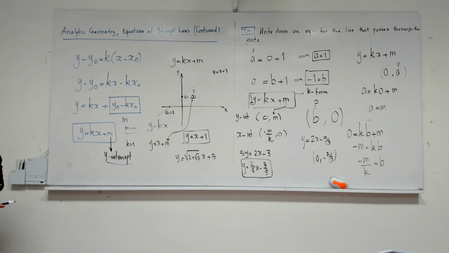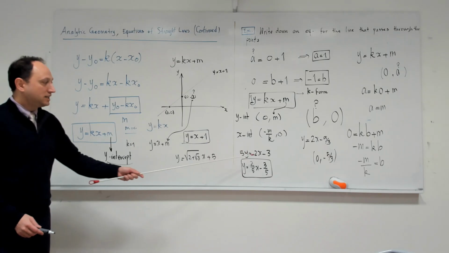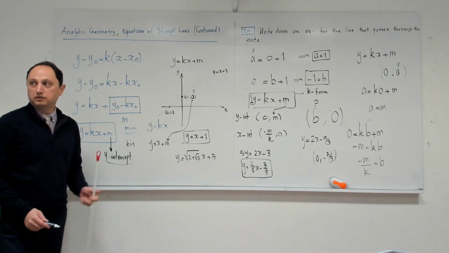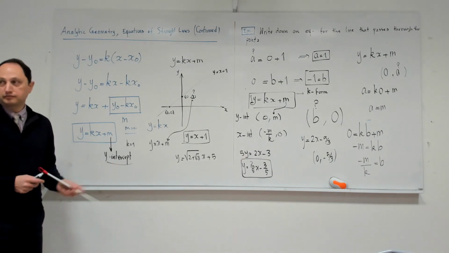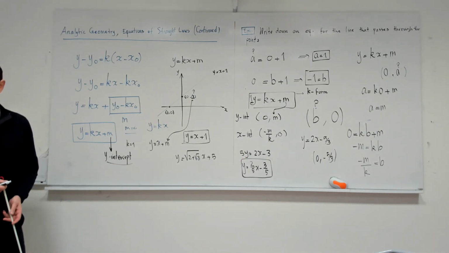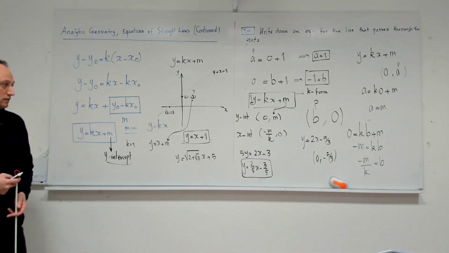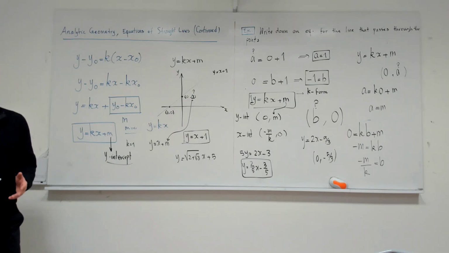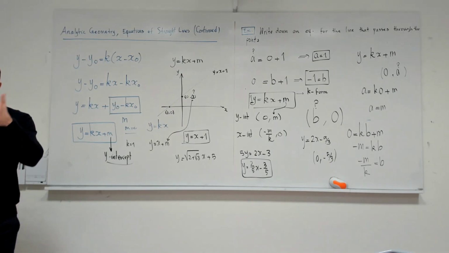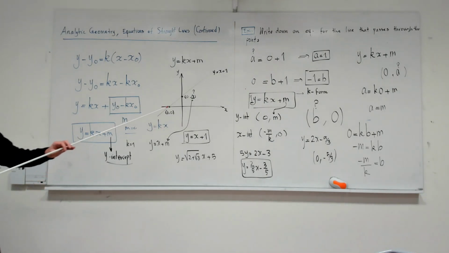y-intercept. Let me ask you, what is the x-intercept of this line? What is the x-intercept of the same line here? Yes? 3 over 5 divided by 2 over 5. That's 3 over 2. Use the rule of thumb. Do you remember what was the rule of thumb?